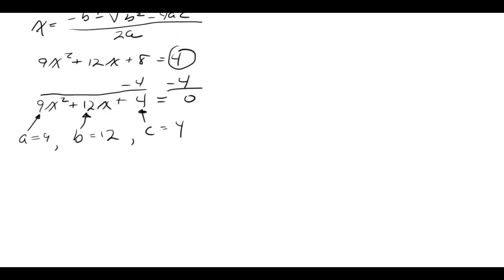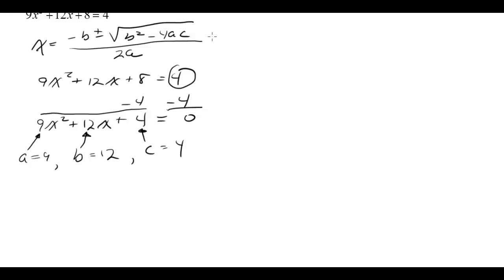So I go back to my formula, and I plug and chug. Well, I'm going to do the plug part and do the chug part in a moment. So let's do the plug part. Let's plug it in. Minus b. What's minus b? Well, that's minus 12, plus or minus, square root of something. B squared. What's b? Well, it's 12 again. 12 squared minus 4a.